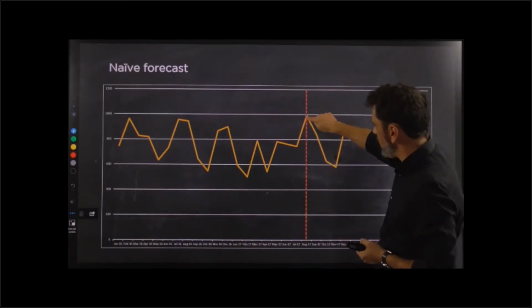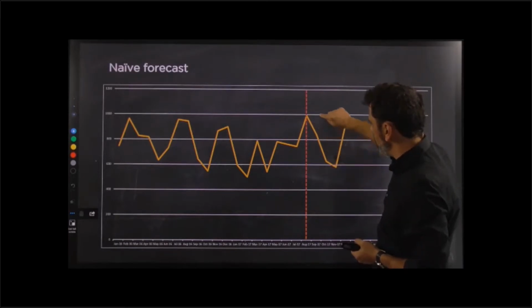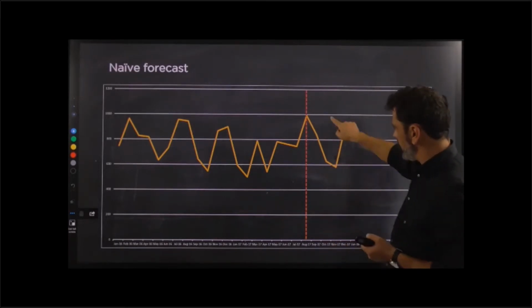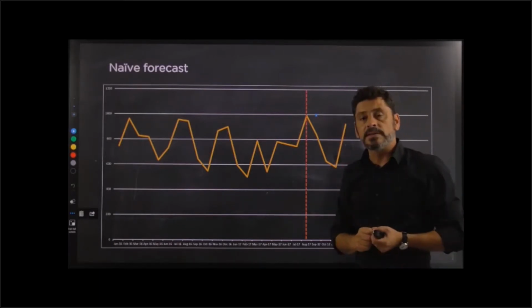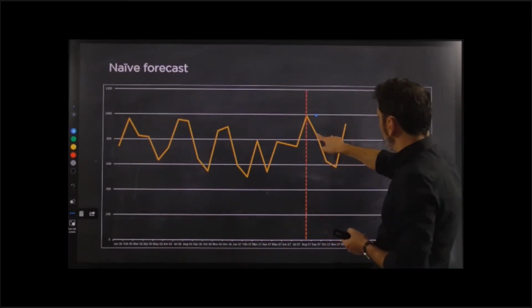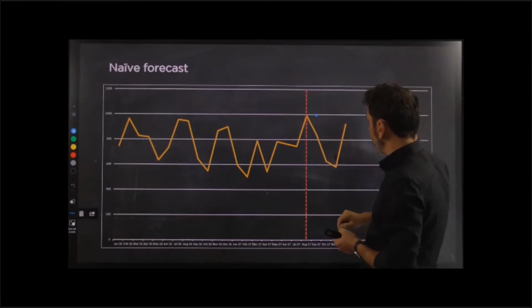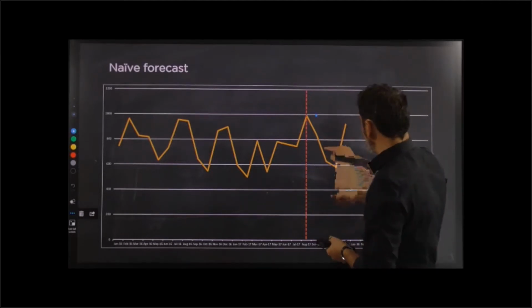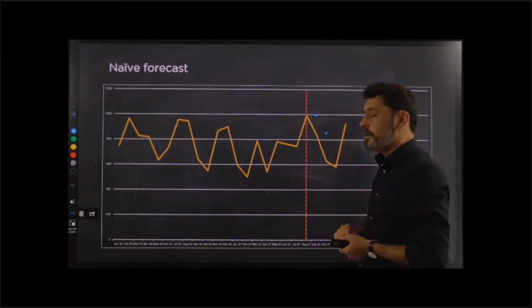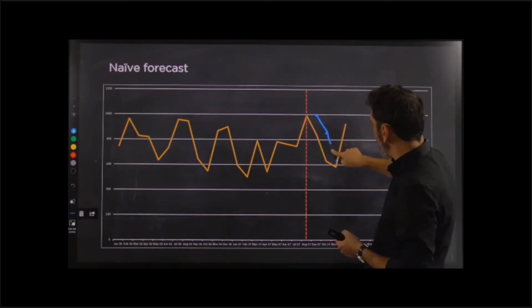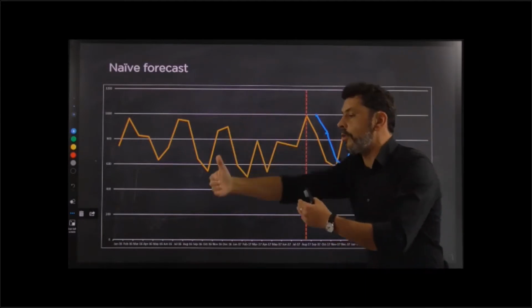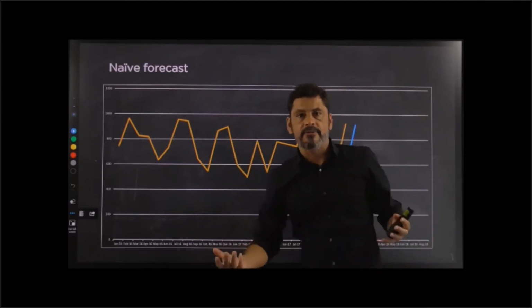So if this was my last observation over here, and I need to forecast for this period, then this would be my forecast. If this would be my observation in that period, and I try to create a forecast for the next period, that would be my forecast, and so on. Basically, I'm replicating my observations with a one period offset. That's a naive forecast.